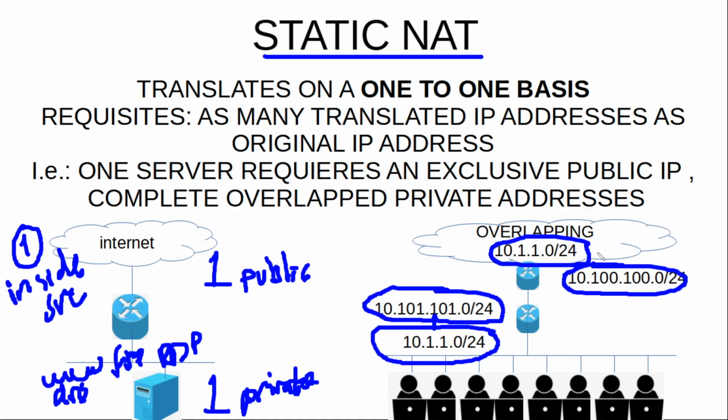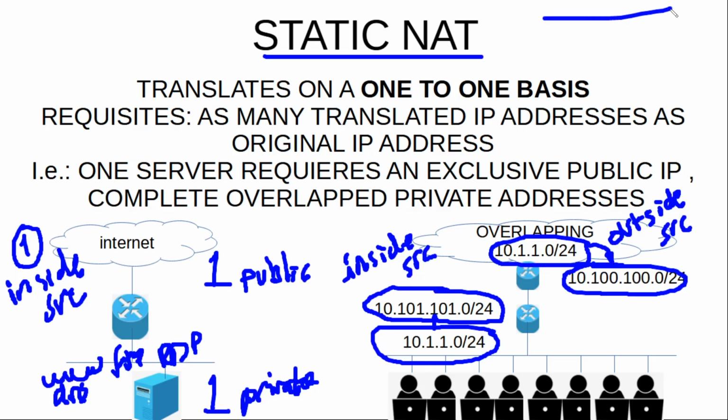To do this translation using a static NAT, you will be using option 2, which will be outside source. And if you have to do this in 2 directions, you will be using for this other translation NAT inside source. So these are 2 examples where you are going to create a mapping between one IP address in the inside and one IP address in the outside.